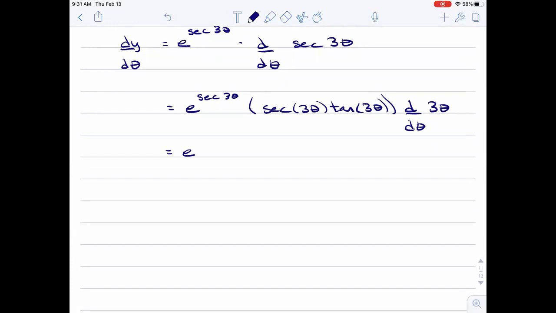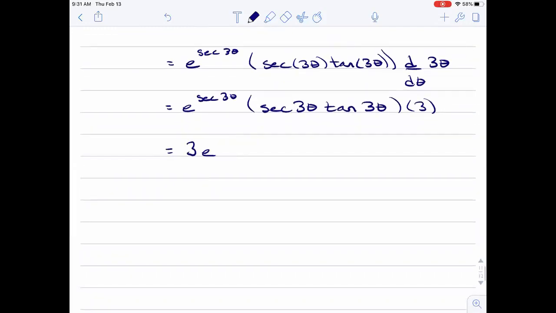Which puts me at e to the secant 3 theta times secant 3 theta tan 3 theta, and d theta of 3 theta is just 3. If I want to simplify a little bit here: 3 e to the secant 3 theta times secant 3 theta tan 3 theta.